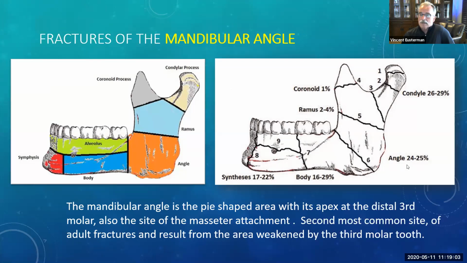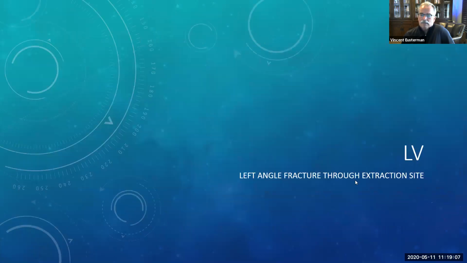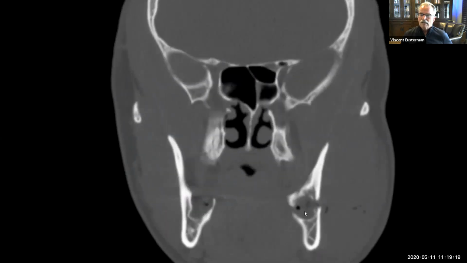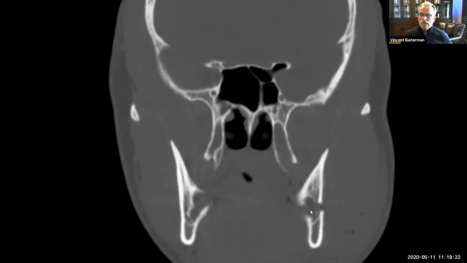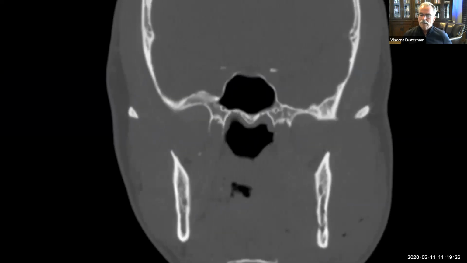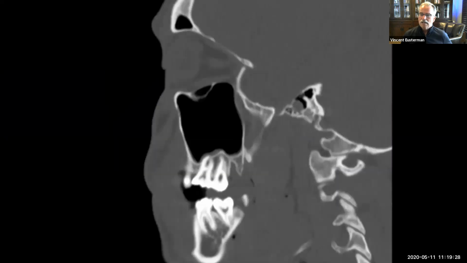This is the second most common site, up to 25% of the time. Here's a patient that had a wisdom tooth removed and was bumped on the jaw and fractured through the left angle. And we're just going to go through this film and give you a little bit of an idea what the fracture looks like.